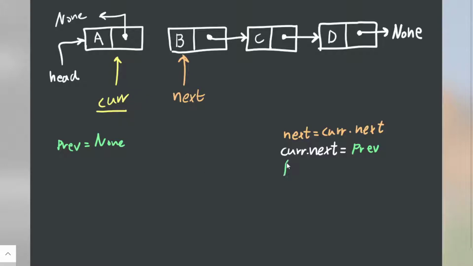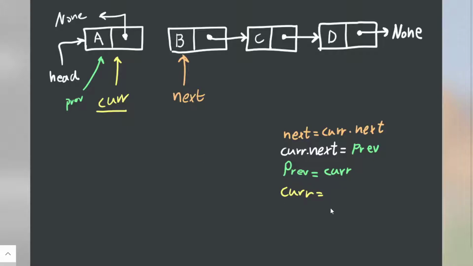So let's do that. We can say prev equals curr. So we grab a copy of it. Now we have our prev variable pointing to this and not to None anymore. And now we can safely go ahead and move the current variable forward. How do we move it forward?